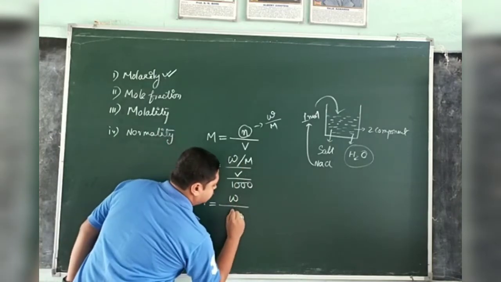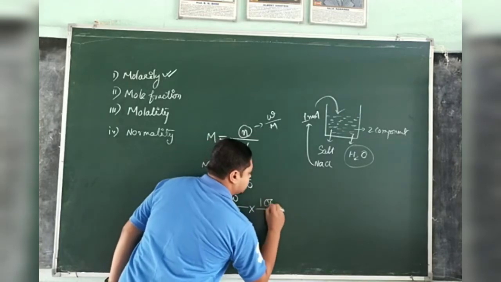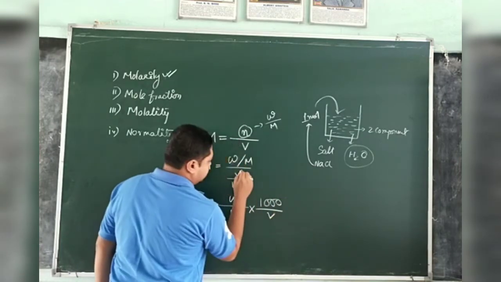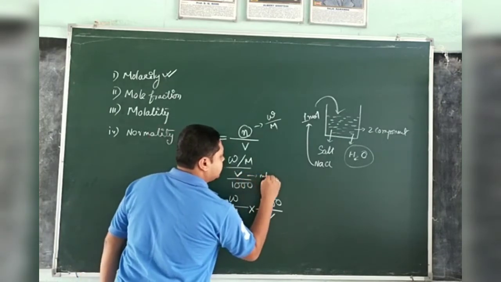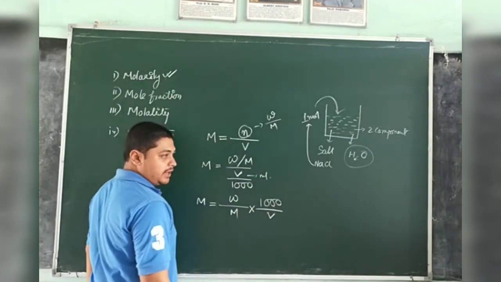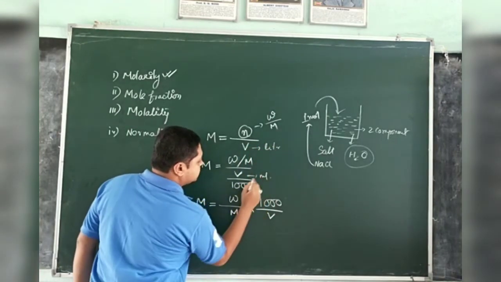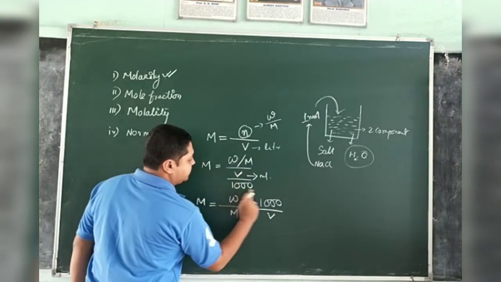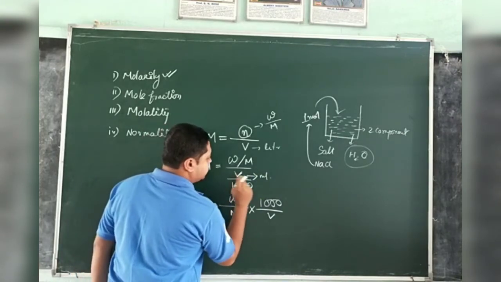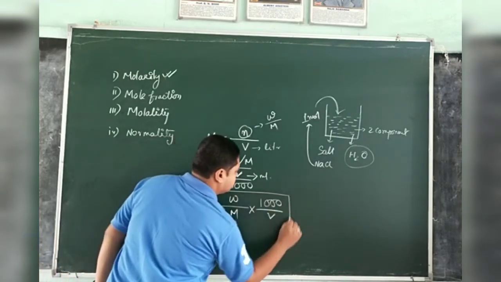W by M into 1000 divided by V. In this case V is in milliliter, not liter. When the amount of solution is divided by 1000, that means V is in terms of milliliter. This is the formula of molarity.